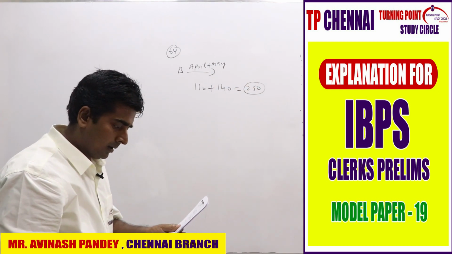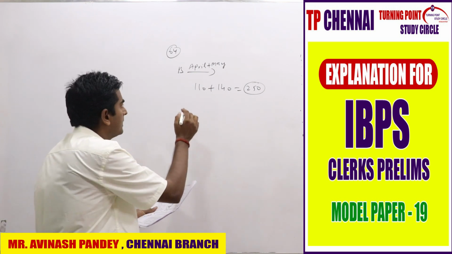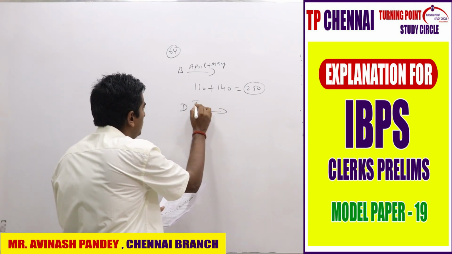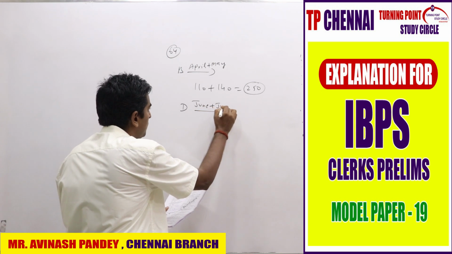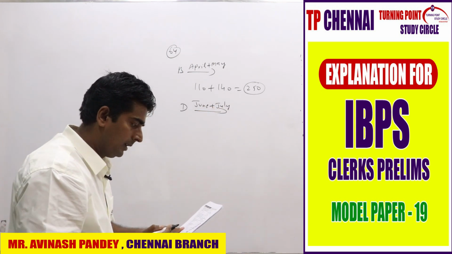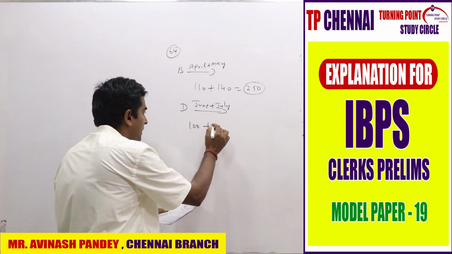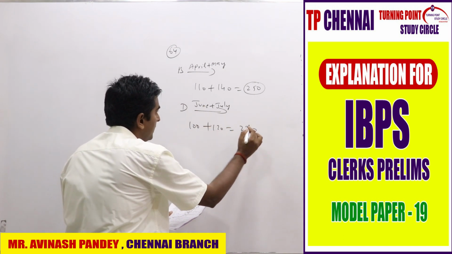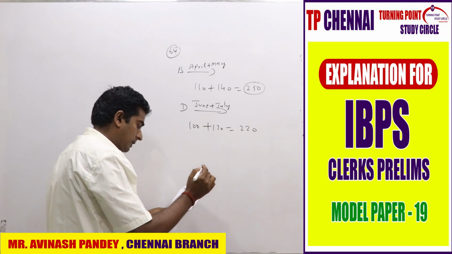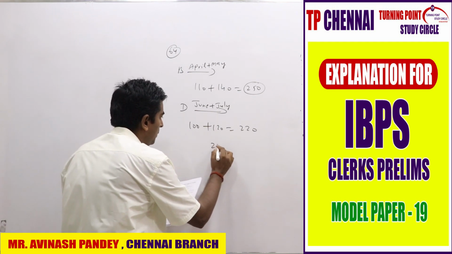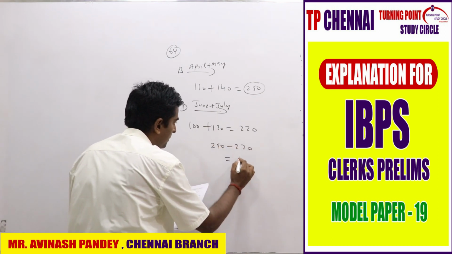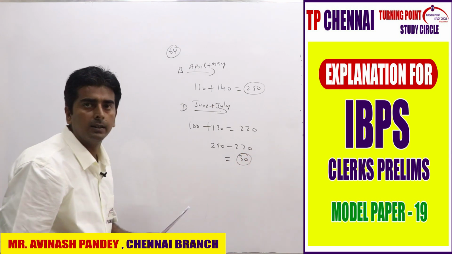Then sold by D in June and July together. So D in June plus July together. So what is the value of D in June? It is 100 and July, what is the value? It is nothing but 120. So 220, right? So what they are asking? Difference they are asking. So 250 minus 220, which is nothing but how much? 30. My answer is nothing but how much? 30.